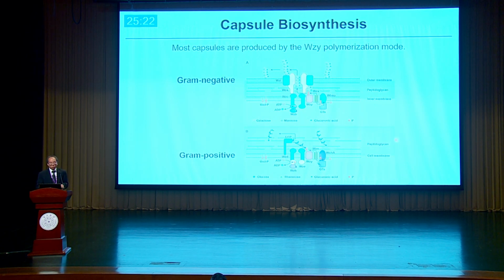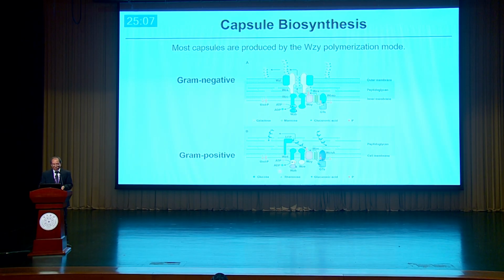Okay, so the polysaccharide capsule is made by capsule biosynthetic machinery. In gram-positive bacteria, it's simpler because there is only one membrane.